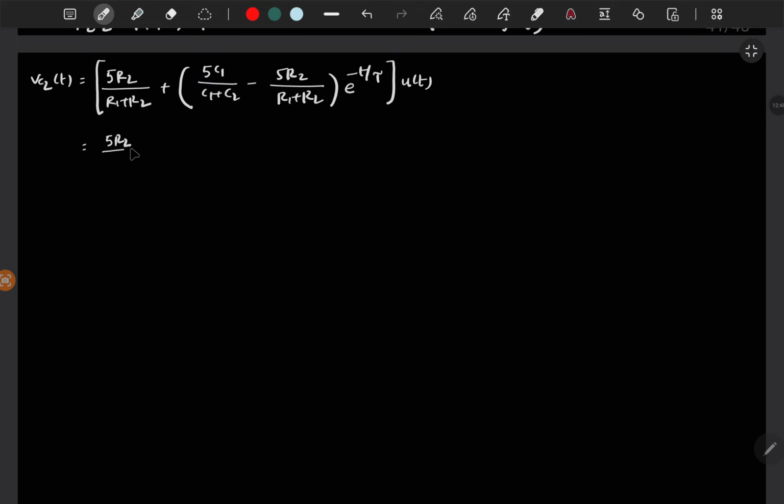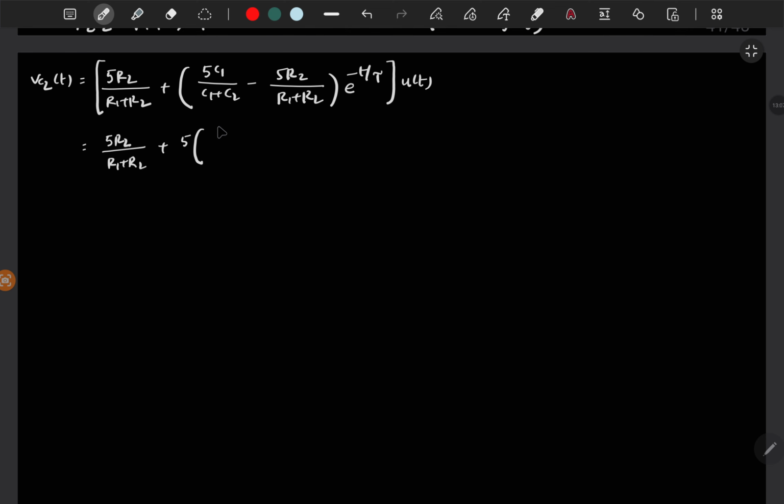If you solve this expression, plus 5 times R1C1 plus R2C1 minus R2C1 minus R2C2.